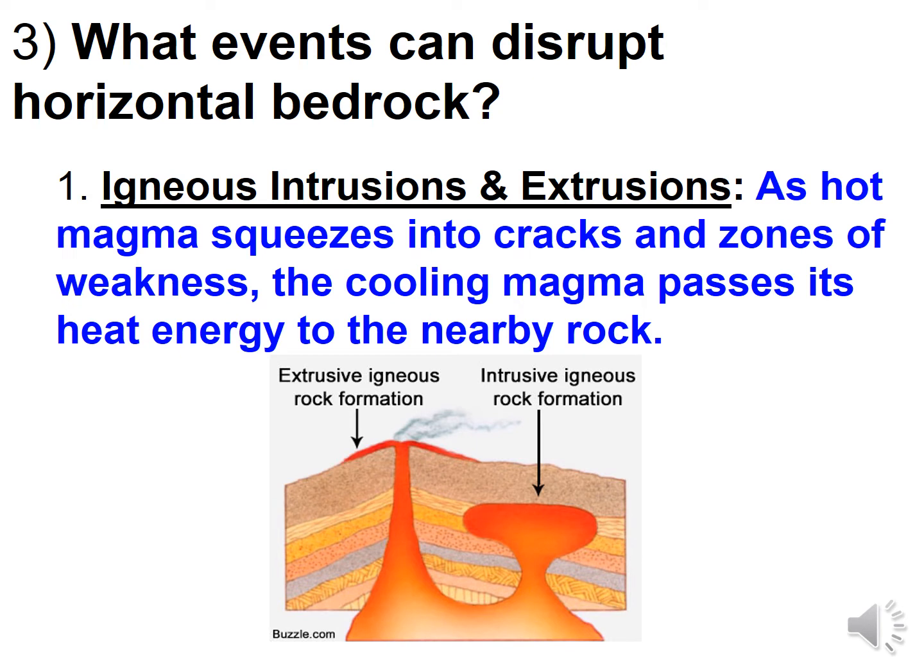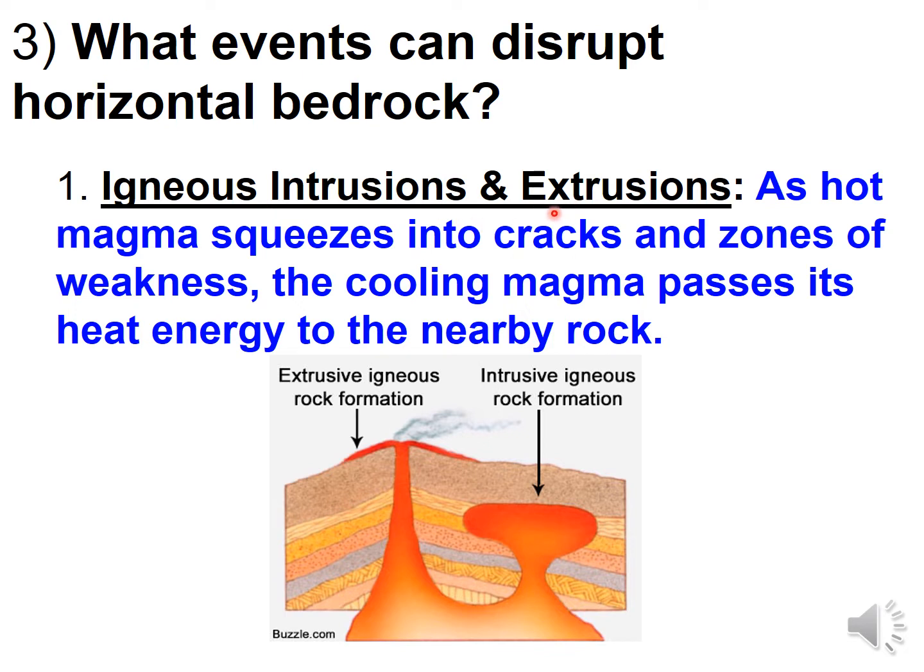These next couple of things I'm going to talk about are the disturbances that you would see in these rock layers. The first disturbance is igneous intrusions and extrusions. So an intrusion, think in, meaning inside the earth, and ex meaning it's exited the earth.